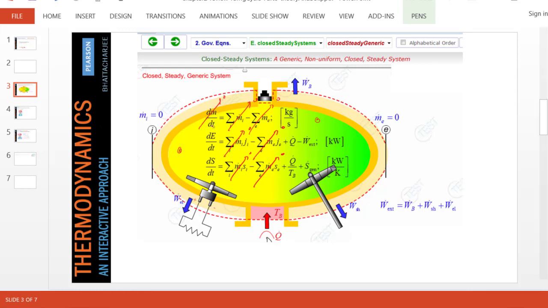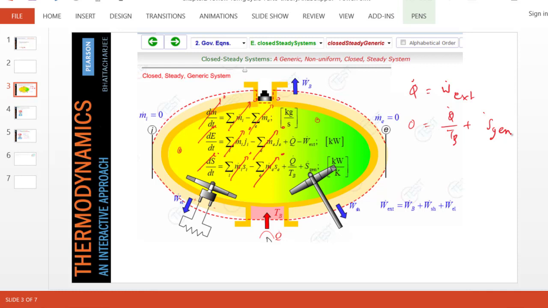As a result, the unsteady terms drop out. The equations get very simplified. So for a closed steady system, this is the energy equation, and this is our entropy equation. Again, we have covered that in Module 1 with the closed steady system review.